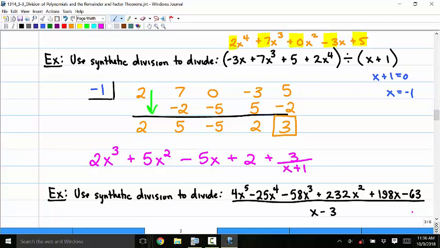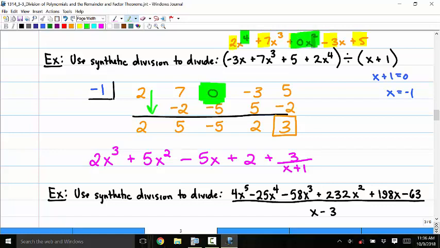Okay, the question was asked, why is this 0 right here? Why is that put there? When you start with an x to the fourth, you have to have a placeholder for everything from x to the fourth down to your constants. So the x to the fourth, x cubed, x squared, x, and the constant. If your polynomial doesn't have the x squared, like this one didn't, you have to put that 0 there.